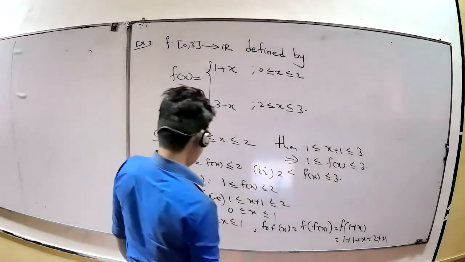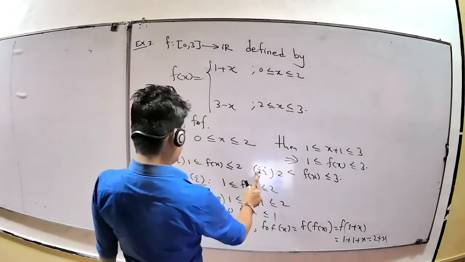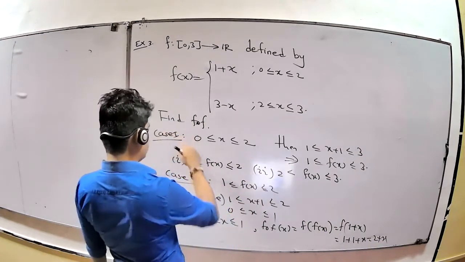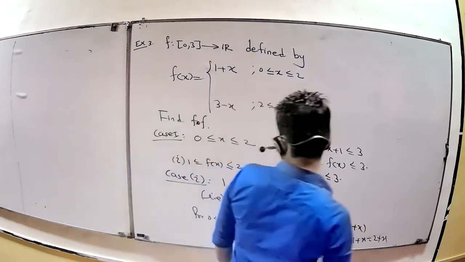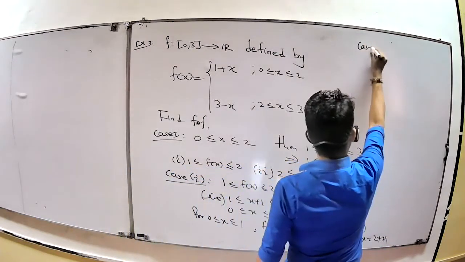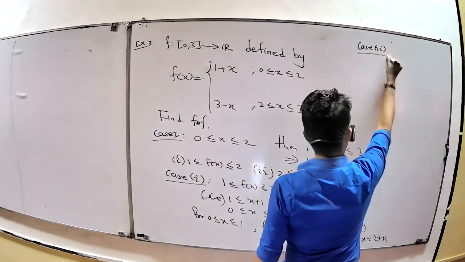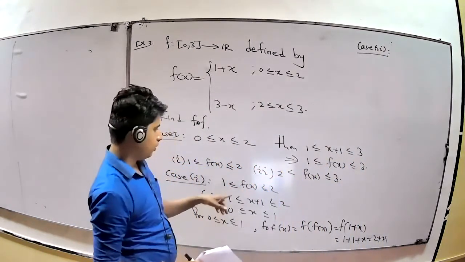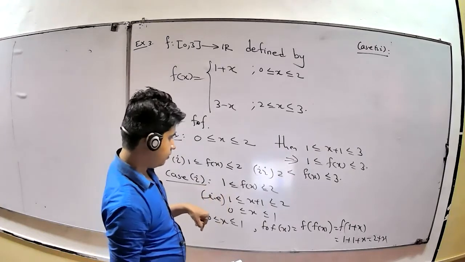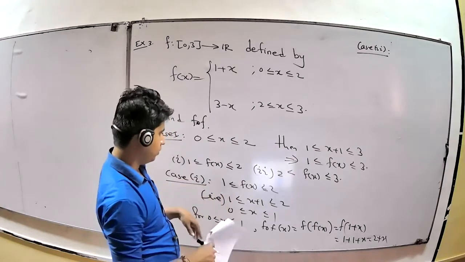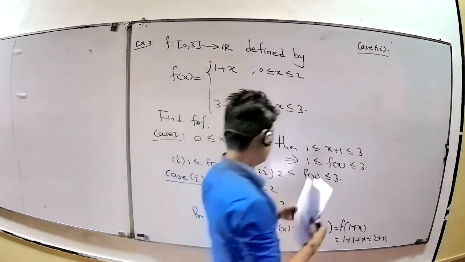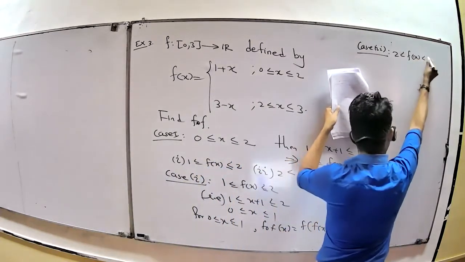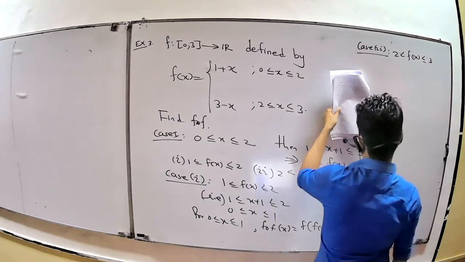Now, for the sub case 2, we put the numbers here. Case 2 means 2 less than f of x less than or equal to 3.